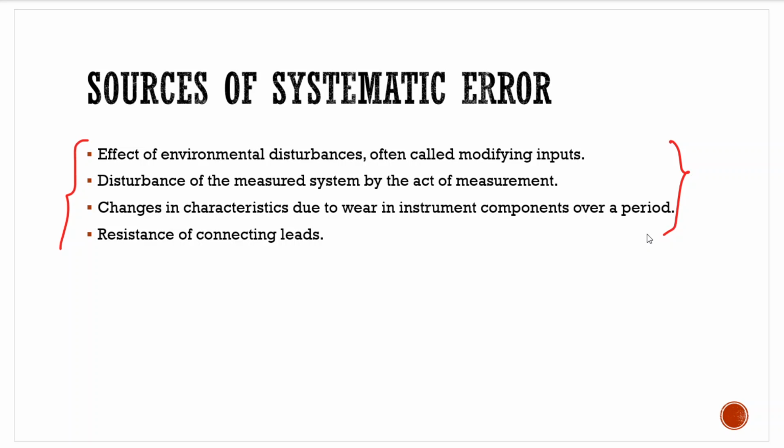You will have observational errors. You will have theoretical errors. You will have errors occurring because of wear and tear in the instrument. There may be errors because of the resistance of the connecting leads. All those types of errors that occur because of flaws in the instrument will be classified as instrumental errors. All those errors that take place because of the effect of the environment on the instrument will be classified as environmental errors.